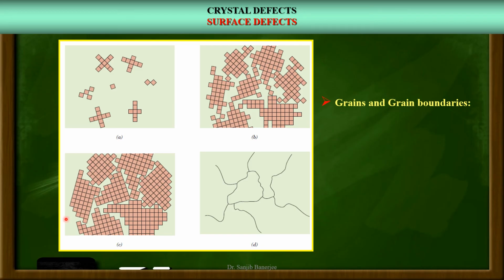So this is why the grain boundaries are the areas of crystal imperfections. And since the grain boundaries are visible over a material surface, they are examples of surface defects.